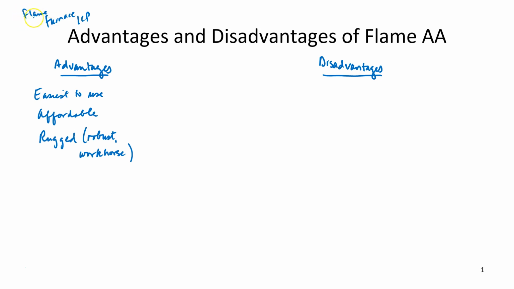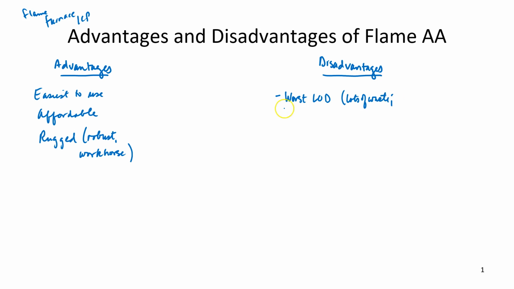Of these three instruments, flame, furnace, and ICP, the flame has the worst limit of detection. And that's partly because of all the waste that occurs during sample introduction. If you think back to that one video, I may have said that only 5 to 10% of the sample actually makes it to the flame.